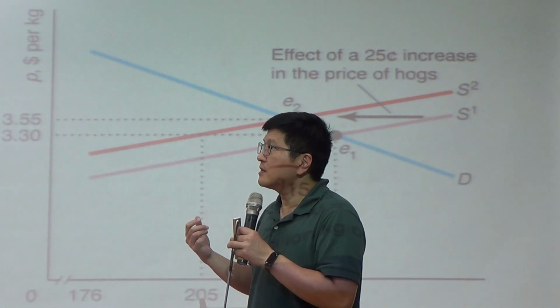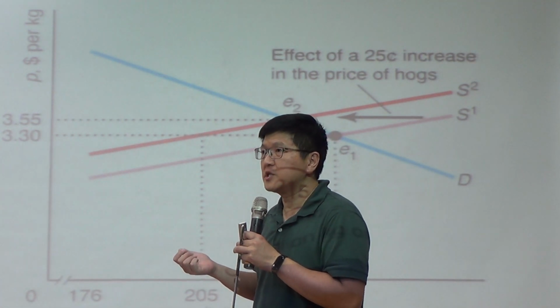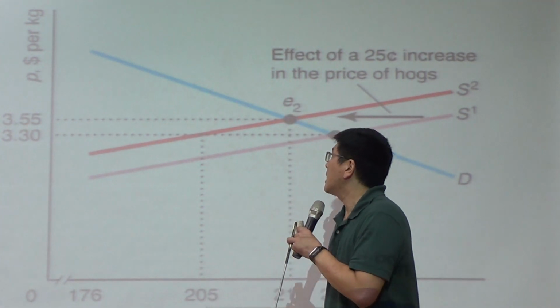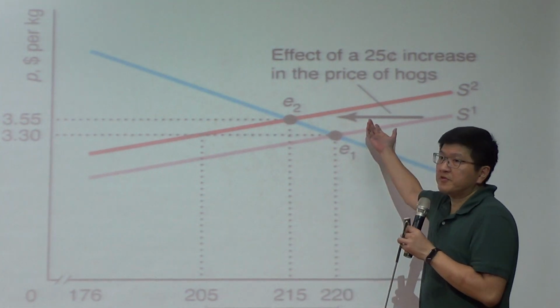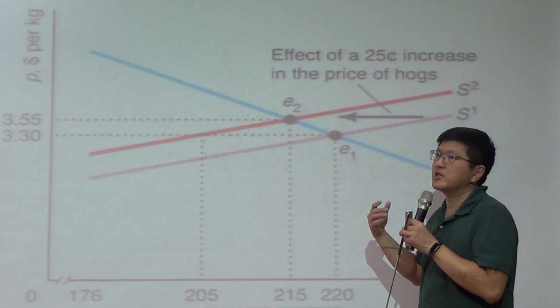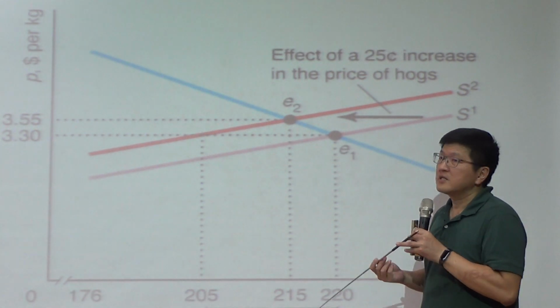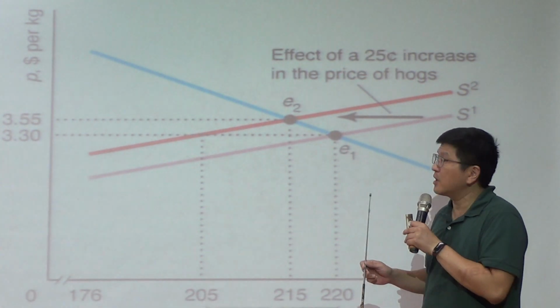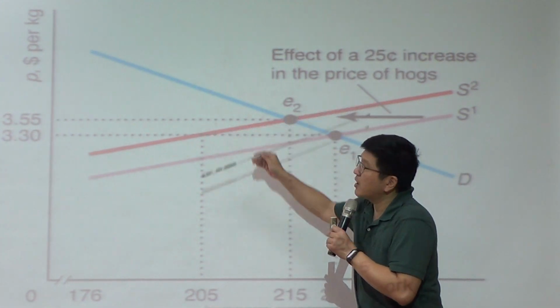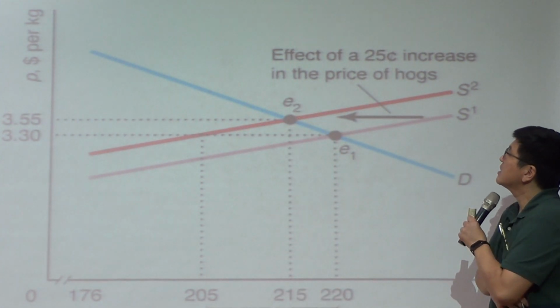Or when the price of substitute goes down. Or when your income decreases, if this is a normal good for you. Or when there is a natural disaster such as a typhoon attacking Taiwan, so that the supply will decrease.